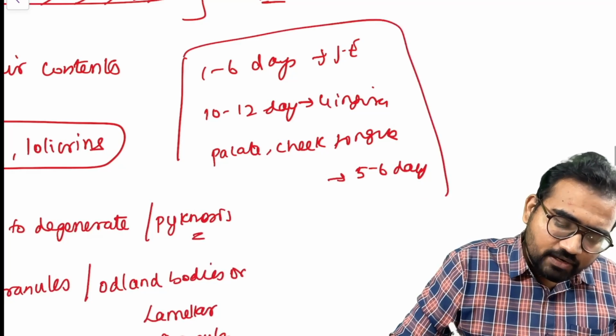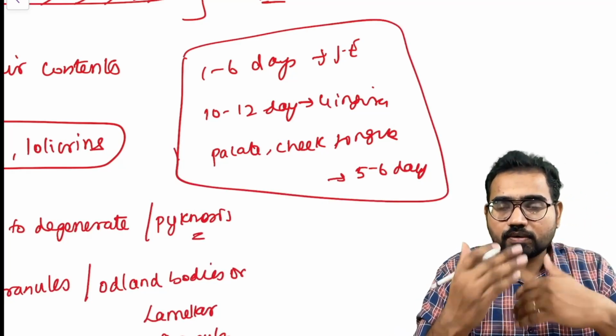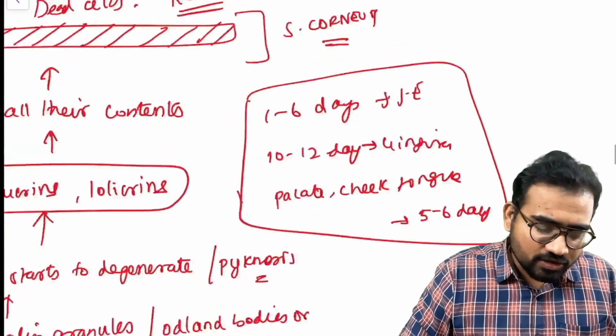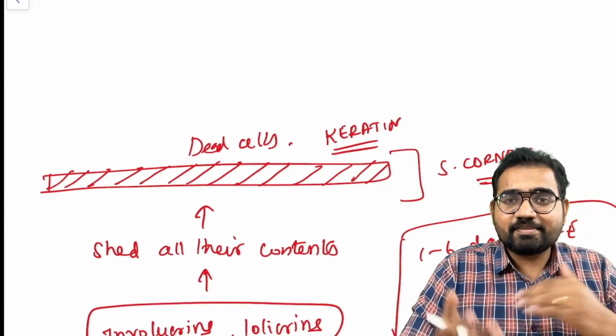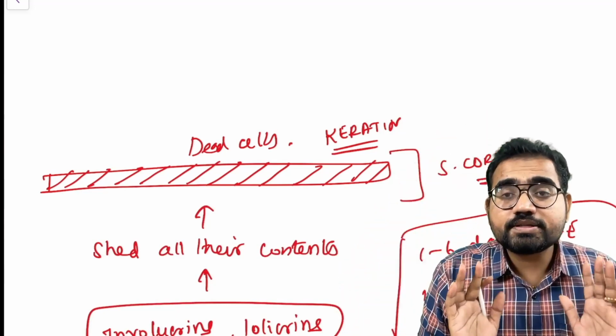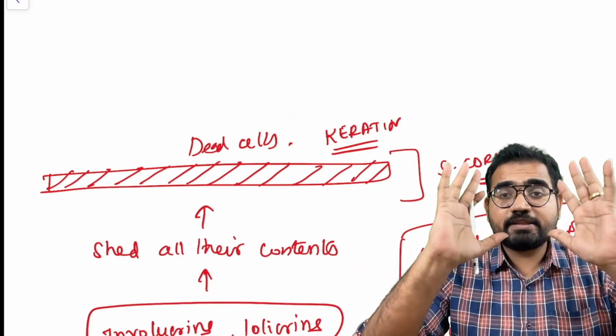So every cell will die and turn over. Once the keratin layer is lost, certain basal cells will synthesize mitochondria, DNA, and this process continues.